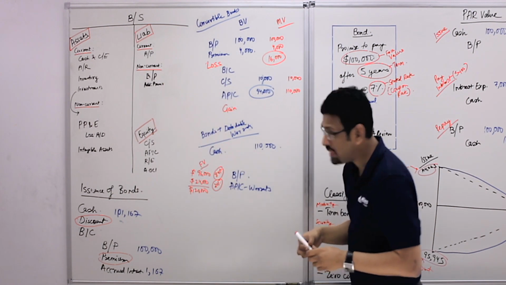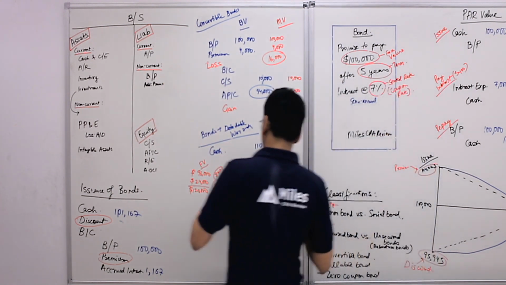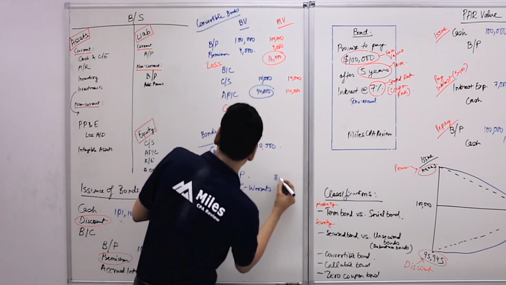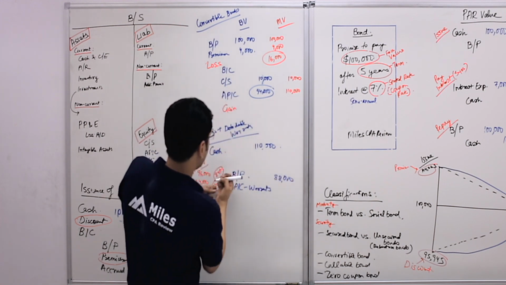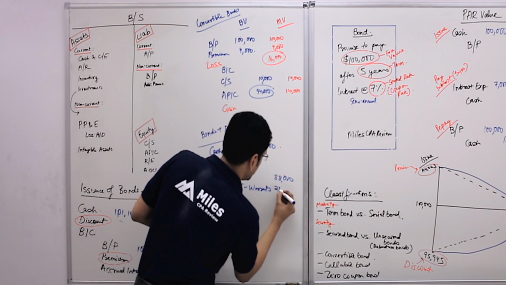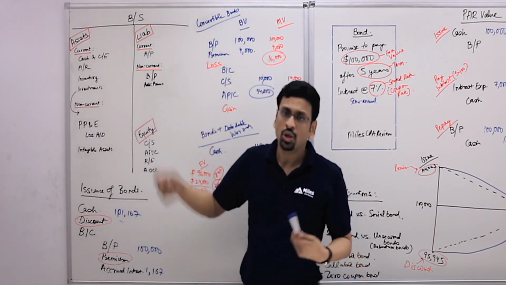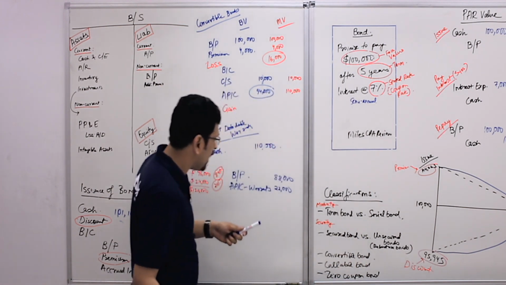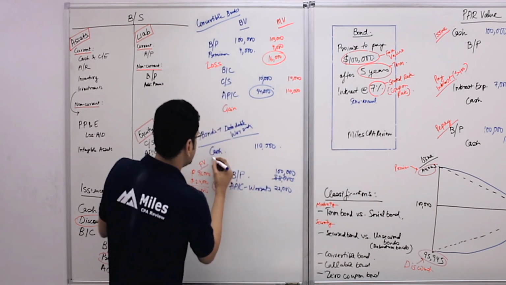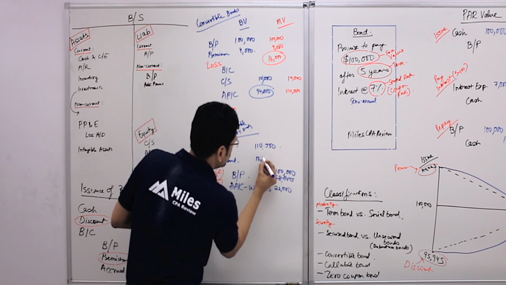So of the $110,000 we received, 80% is for the bonds. 80% of 110 is around $88,000. And 20% of this is for APIC warrants, that's $22,000. Now, bonds are recorded at face value, so we're going to have bonds payable of $100,000, not 88, and we'll have a discount account for the $12,000.